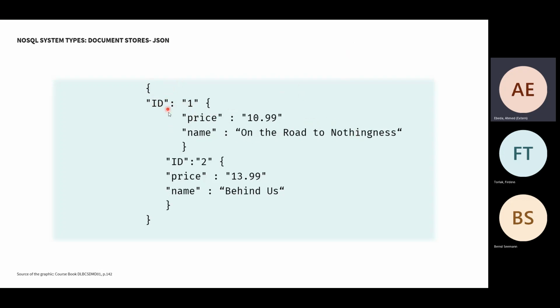This is how we write JSON. This is how we store ID equal 1, the price of this product, this value, the name of the product, this; ID number 2, price is this value, the name is this, and so on.